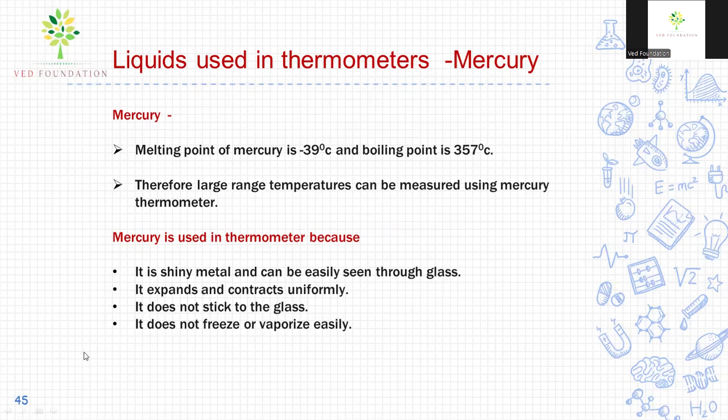That is called pyrometer. Mercury does not stick to the glass and that's why we get accurate reading. It does not freeze or vaporize easily. There is large difference between melting and boiling point of mercury. So we can measure large range of temperature using mercury in thermometer. So because of this reason, alcohol and mercury is used in thermometer.